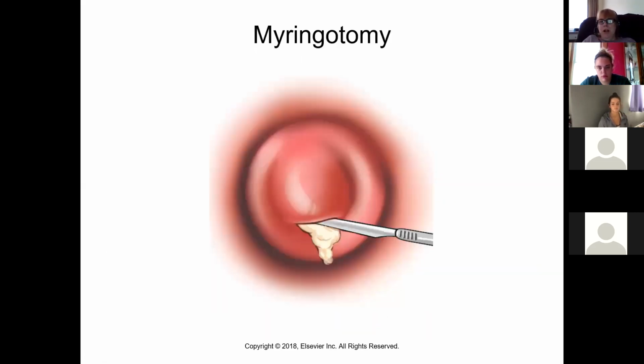This is a myringotomy, excuse me, a myringotomy. And this is when they lance or cut into the eardrum. They may have to do this if the infection in the middle of the ear canal has the eardrum so swollen that they're afraid it's going to burst.